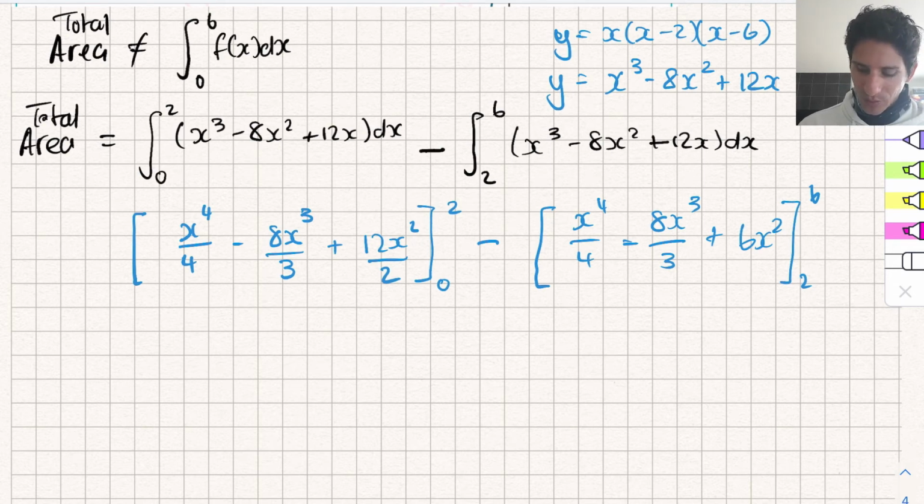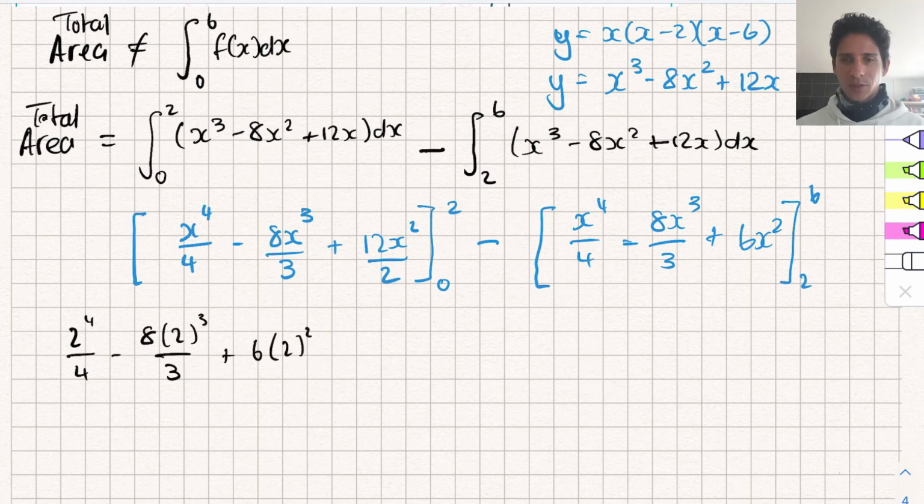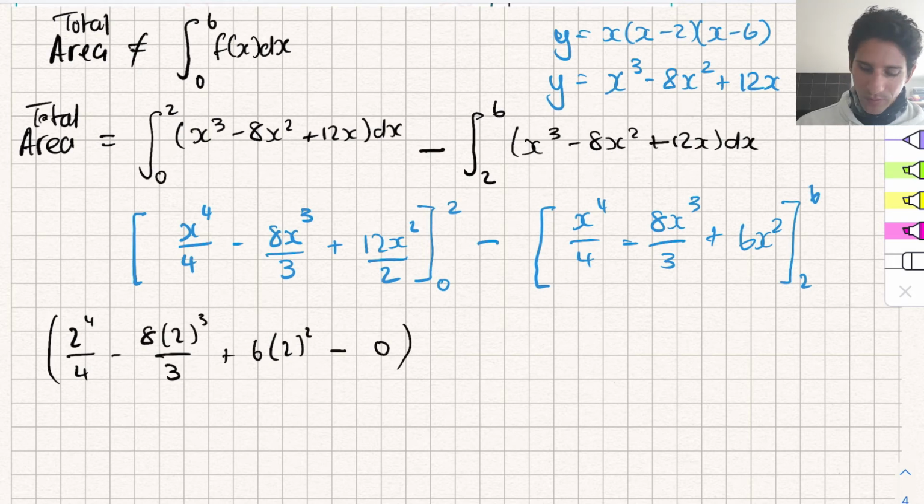The end is 2, so I'm going to have 2 to the power 4 over 4, take away 8 times 2 to the power of 3 over 3, plus 6 times 2 squared. Okay, that's my start. And I can see I have an x in each of these terms, so I'm going to be taking away 0 for that one. So there's my first integral.